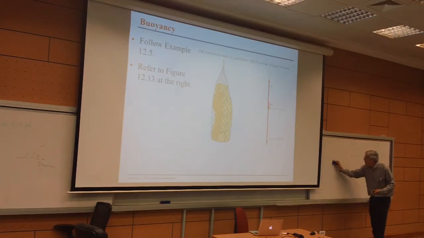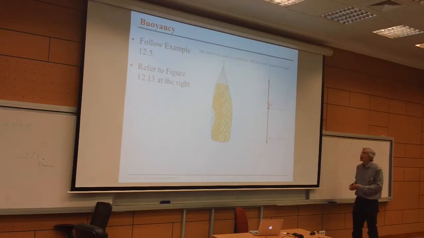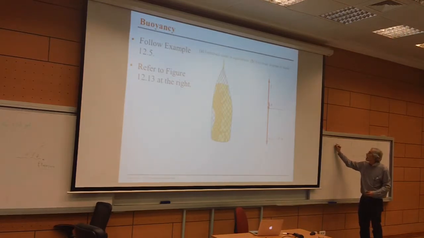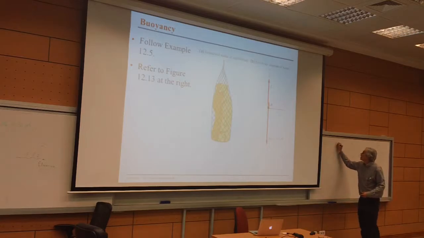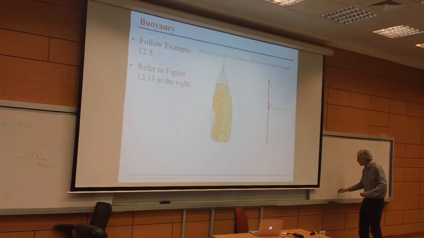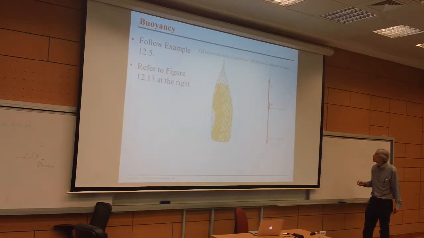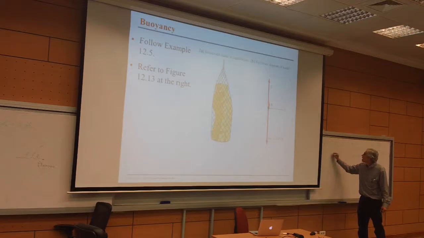So we know the sum of the forces equals 0, right? And the free body diagram is here. It tells us tension plus buoyant force minus mg will be equal to 0. So the tension is going to be mg minus the buoyant force, yes.